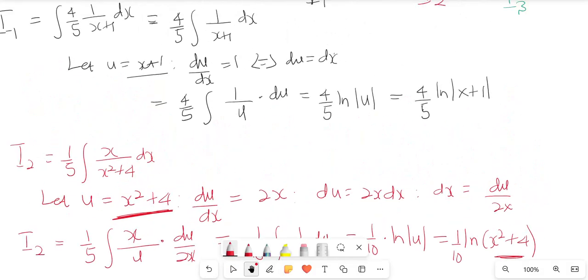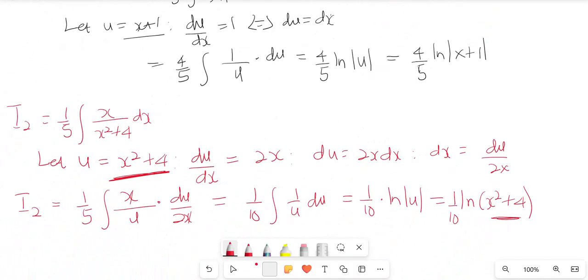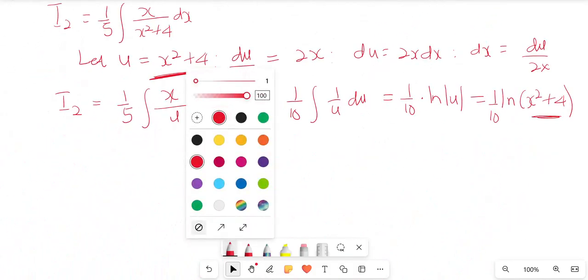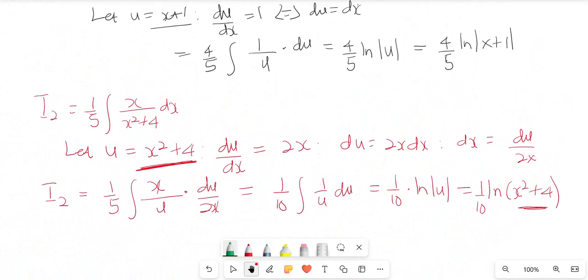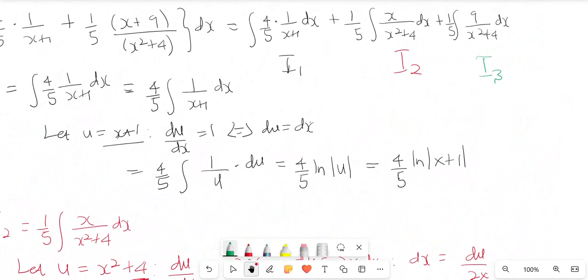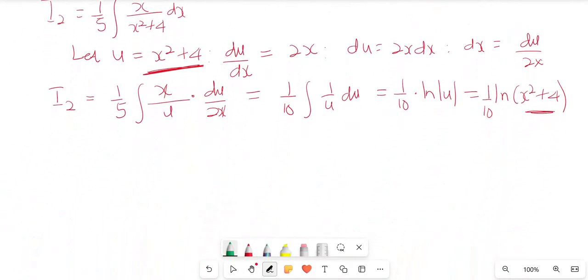Now the last integral is I3. So I can do that in green. That is the integral of 9 over x squared plus 4.